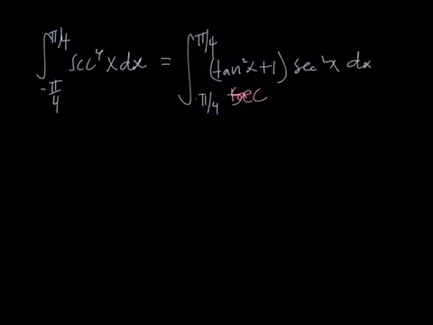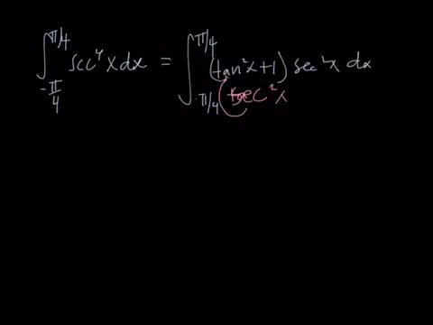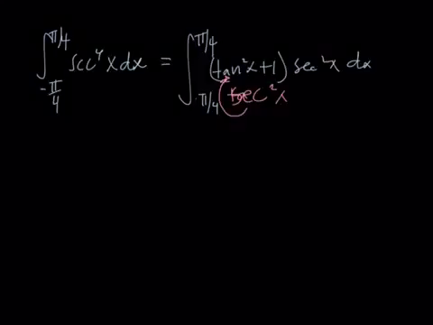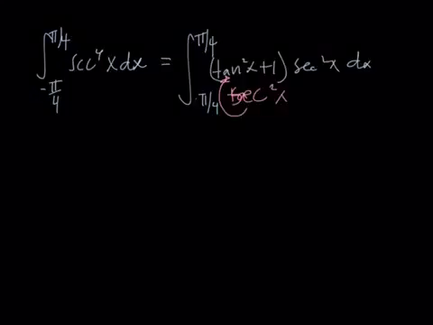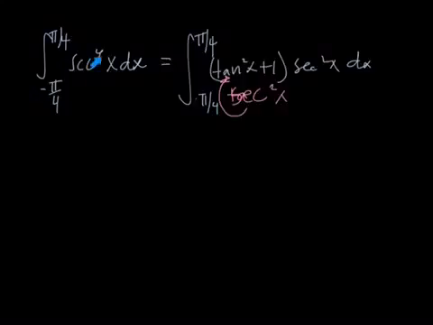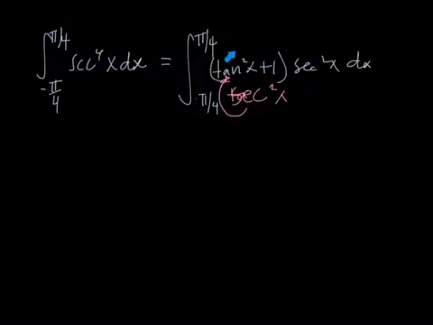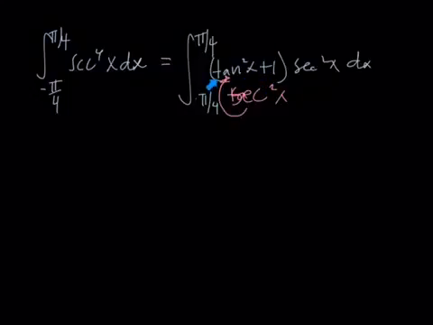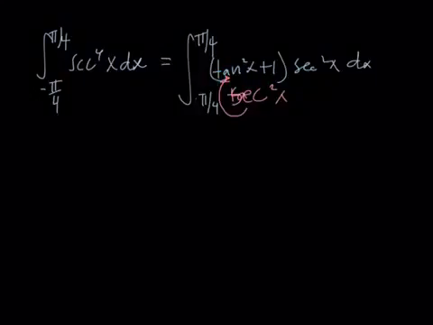That's what this guy is right here. So I basically took secant to the fourth right here and broke it into secant squared and secant squared. And then I changed one to be tan so I could introduce the tangent, because these have a derivative relationship.